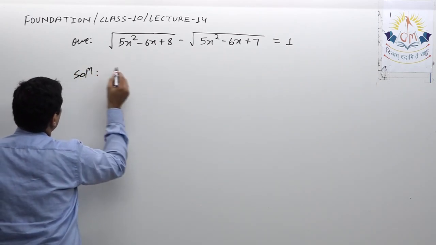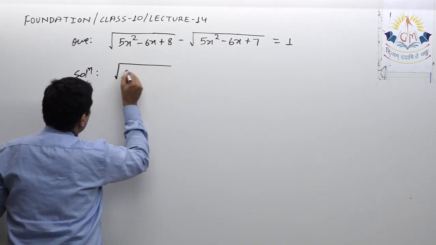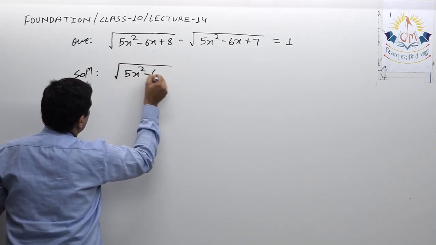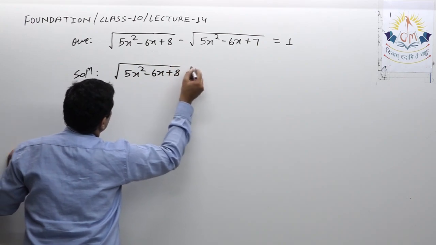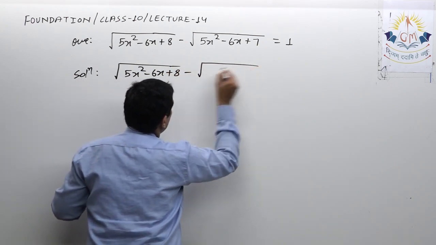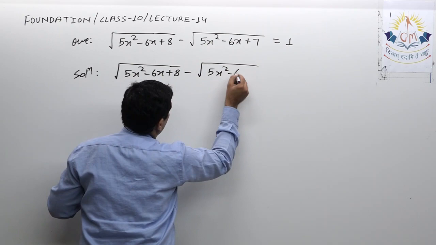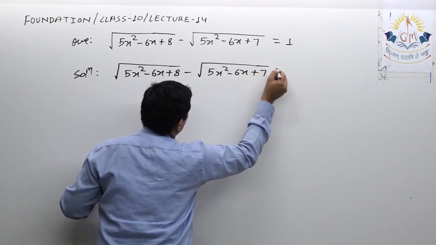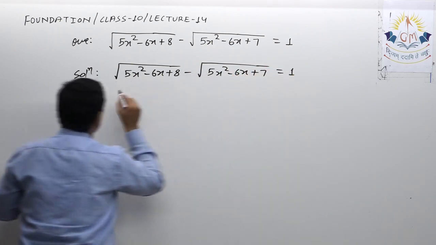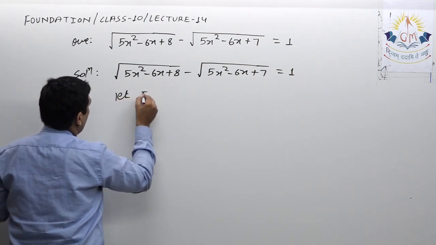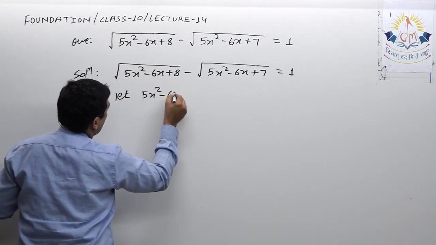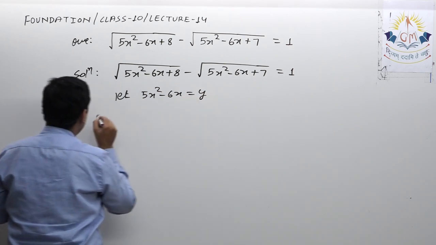So let us see how to solve this. Let 5x square minus 6x is equal to y.